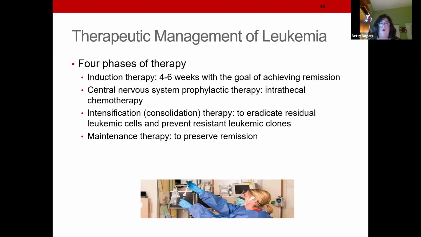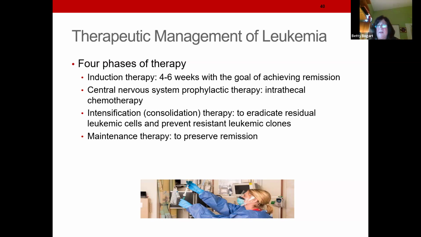What we do is what we call chemotherapy. The first stage is literally hitting this child with several types of chemo to completely knock out all the cancer in the body. Okay? 4 to 6 weeks, and the goal is actually remission. But there are some sneaky cells that still stay in the body. So they put treatment into the central nervous system.